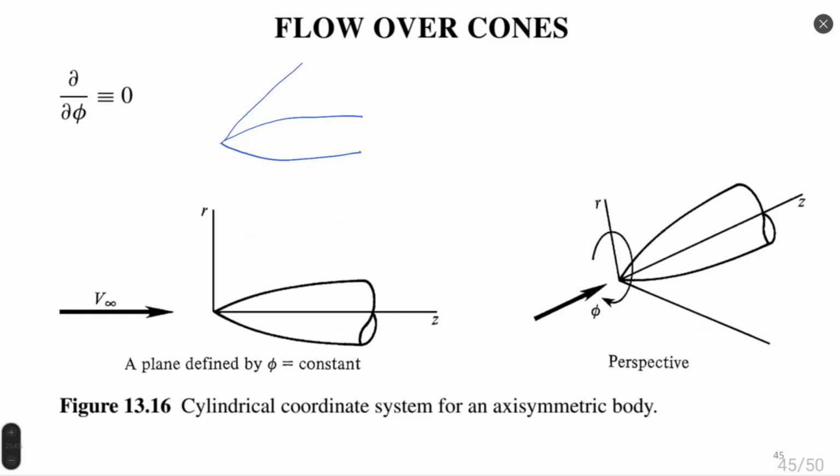And the third dimension, the z component, is constant, is not changing. In three-dimensional space, we have an axisymmetric rotational body.